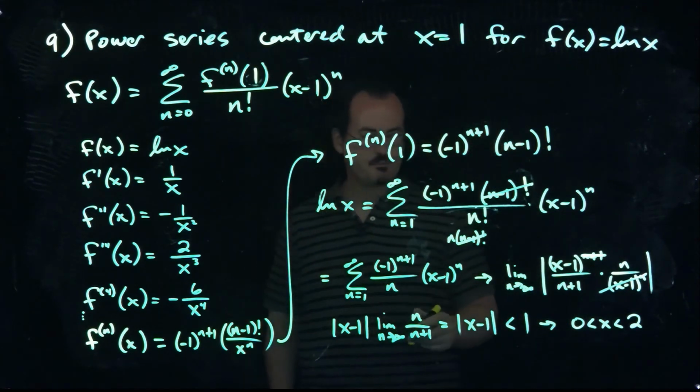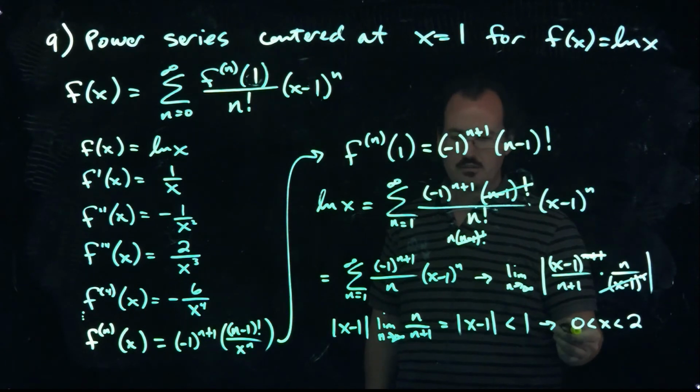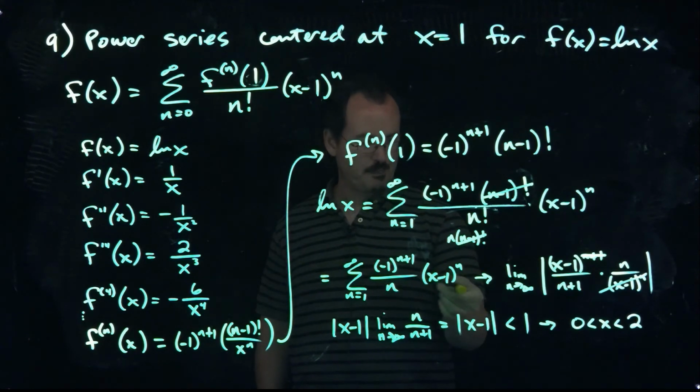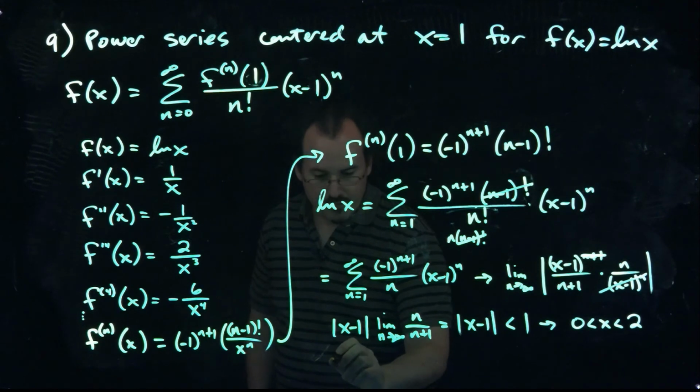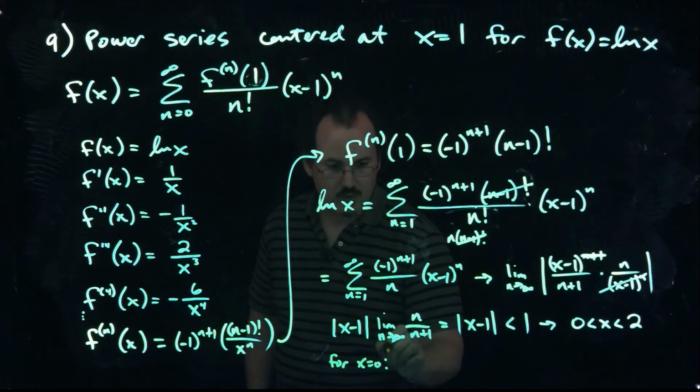And then, since I'm pretty much out of room here, checking both endpoints, if I plug in 0 to the series here, I'm going to have minus 1 to the power of n. Well, let's just do this for x equals 0. What happens?